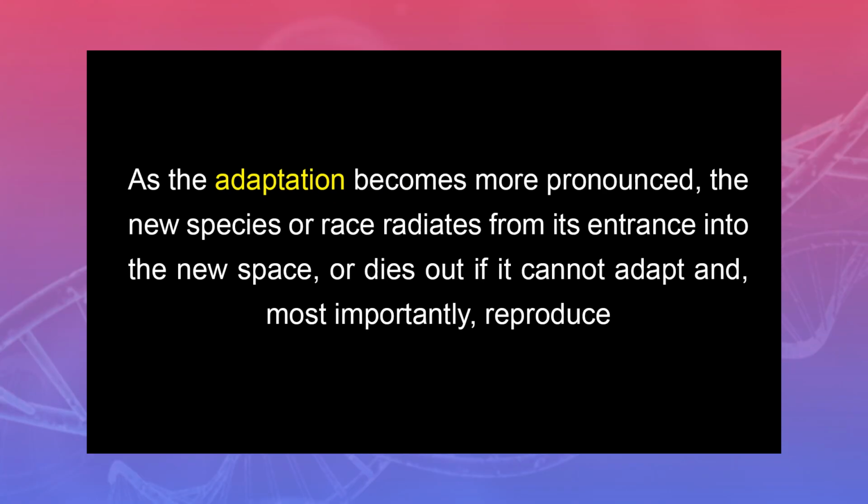As the adaptation becomes more pronounced, the new species or race radiates from its entrance into the new space or dies out if it cannot adapt and, most importantly, reproduce.